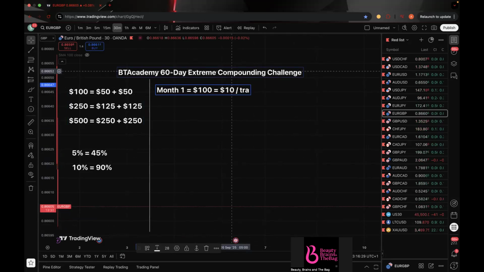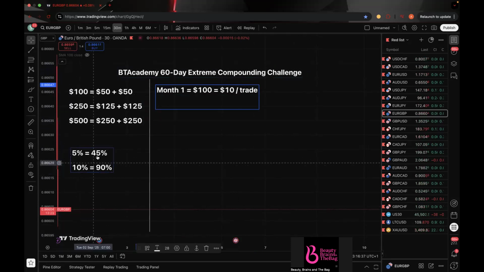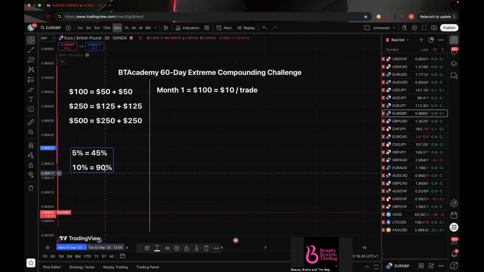So that basically means you'll be risking $10 per trade. At the end of the month, I'm not going to use a profit of 90%. Let me reduce it a little bit. My target profit is going to be 85%.